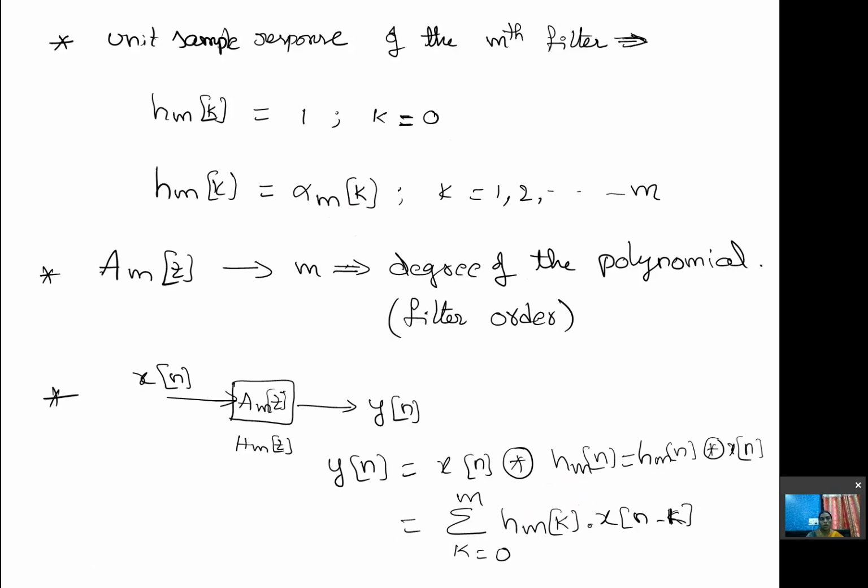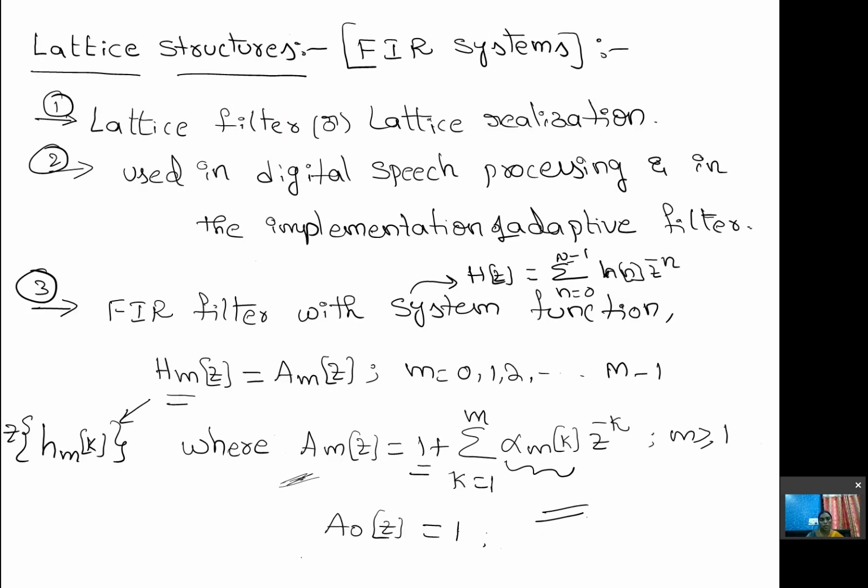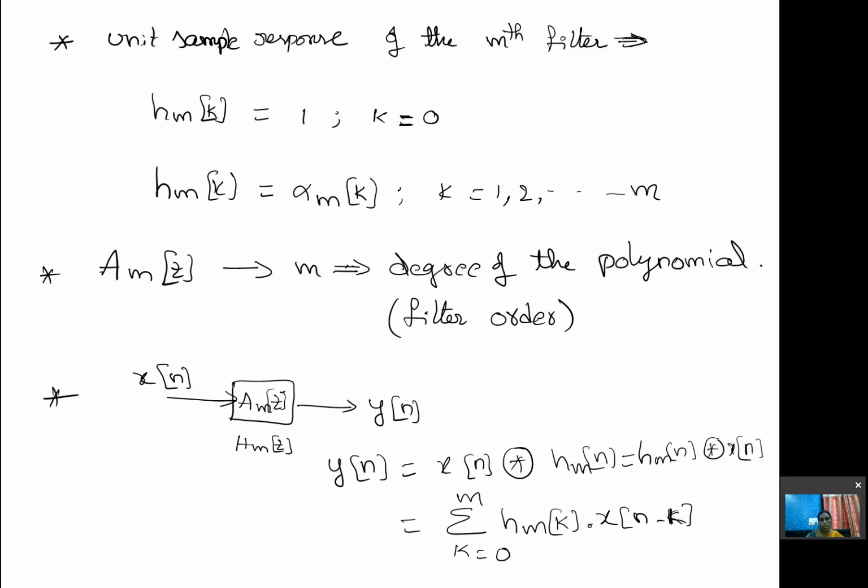So that's it. After completing hm of z, immediately complete hm of k, then consider the system. It has input x of n and output y of n. Now what is the output here? It is the convolution between the input and the system. Input is x of n, system is hm of n. Now I am taking the formula summation k=0 to m hm of k x of n minus k.